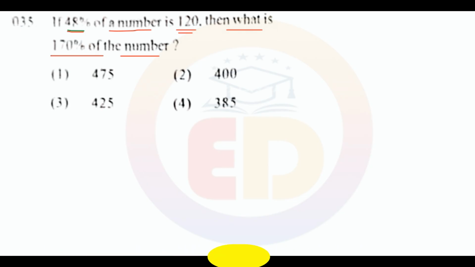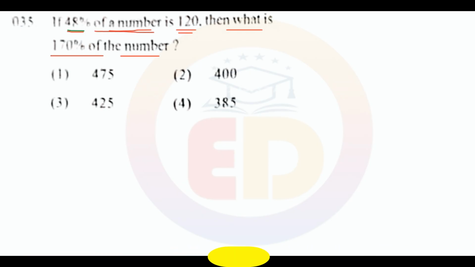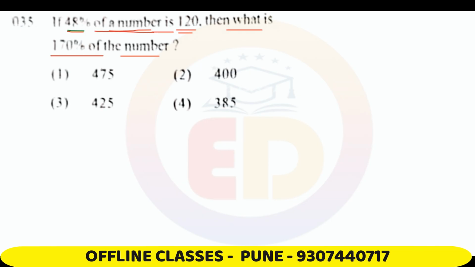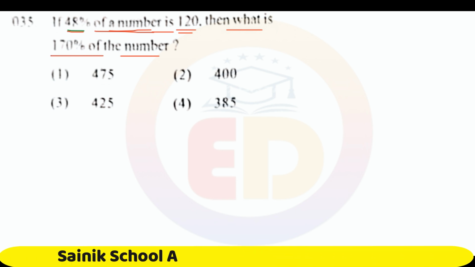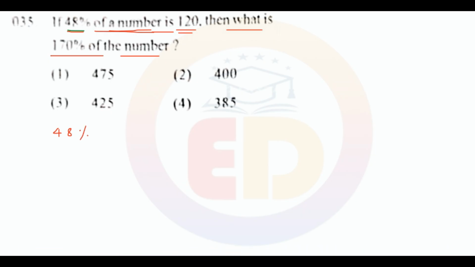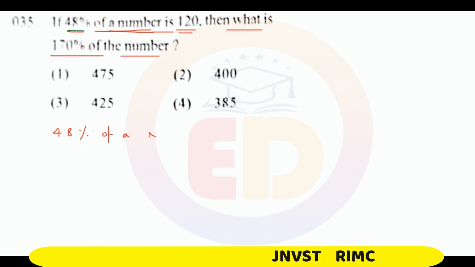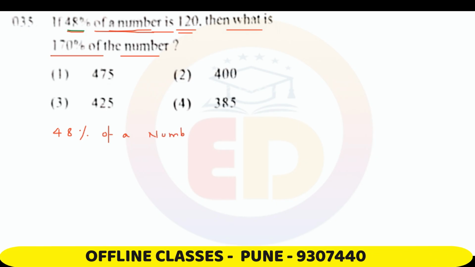In the first approach, we will find out the actual number using the first sentence, and then we will find the 170% of the number. Let us convert the sentence: 48% of a number is 120.